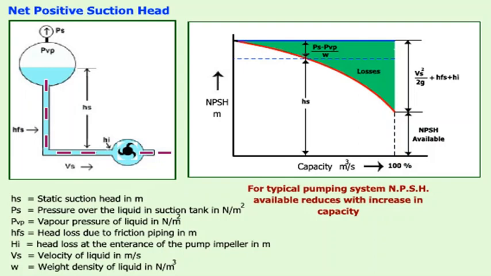So naturally, NPSH available is the energy at the inlet of the pump that can be utilized to get the flow of liquid through the suction piping and up to the impeller, and it is represented by the total suction head minus the vapor pressure of the liquid at the pumping temperature.